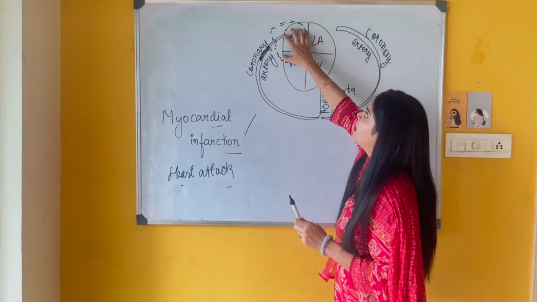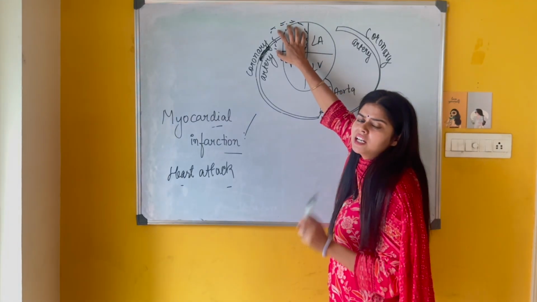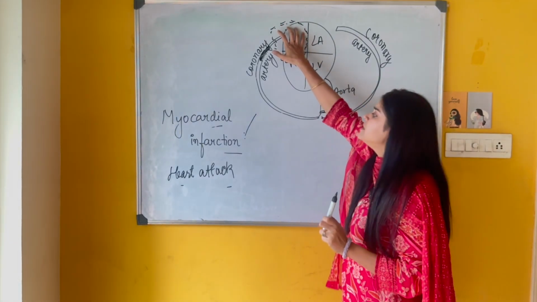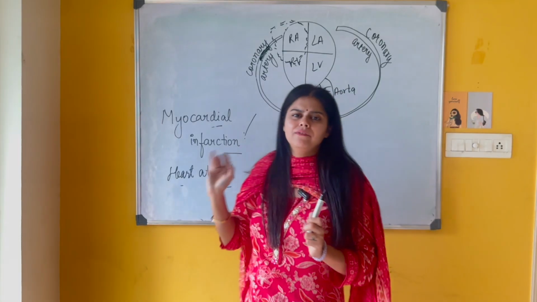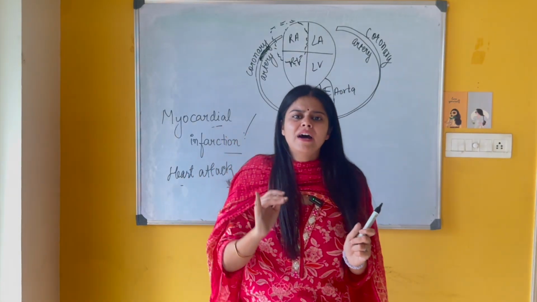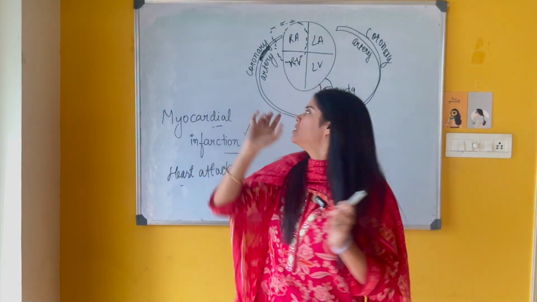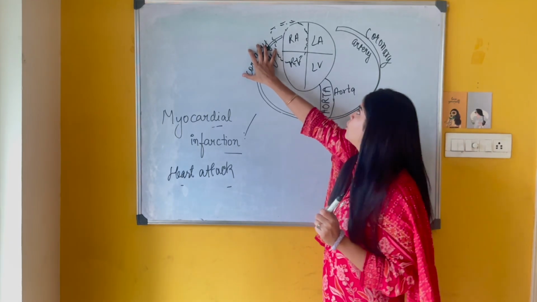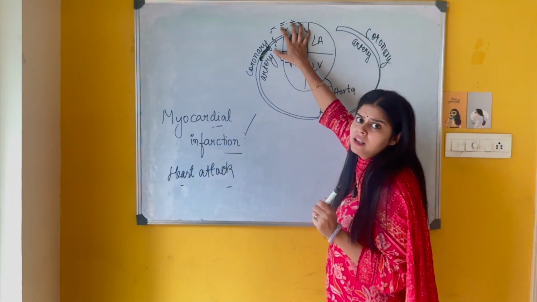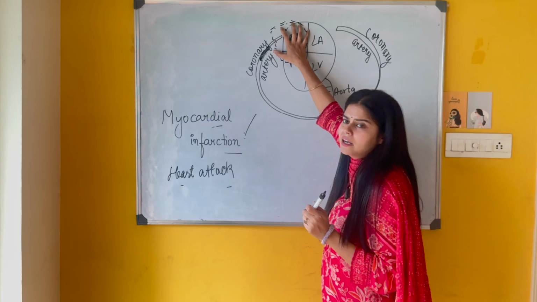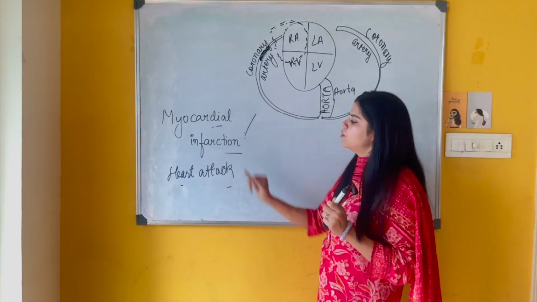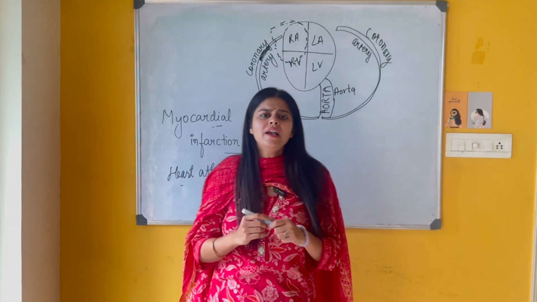The part of the heart which is not receiving oxygenated blood will die, and this condition is called myocardial infarction. In myocardial infarction, if the blockage is in one of the coronary arteries, the corresponding part of the heart will die, not the entire heart, and this condition is called myocardial infarction, also called heart attack.